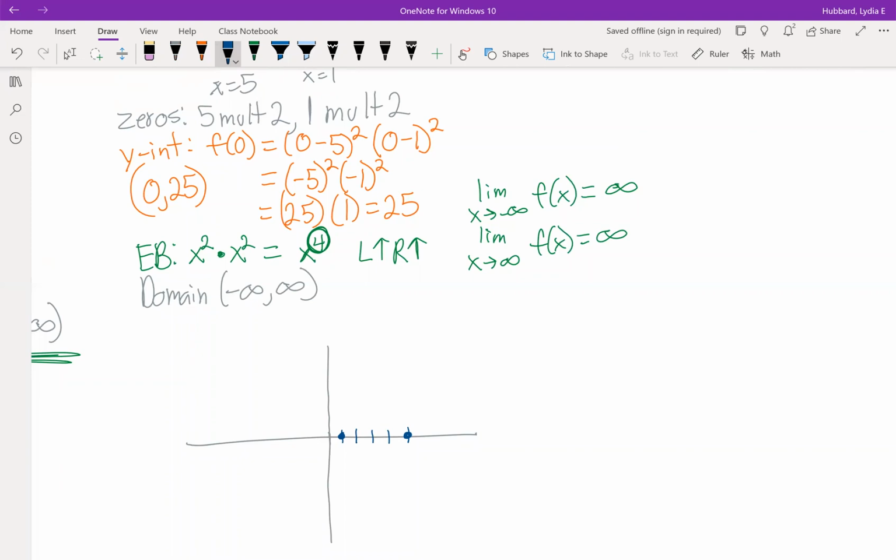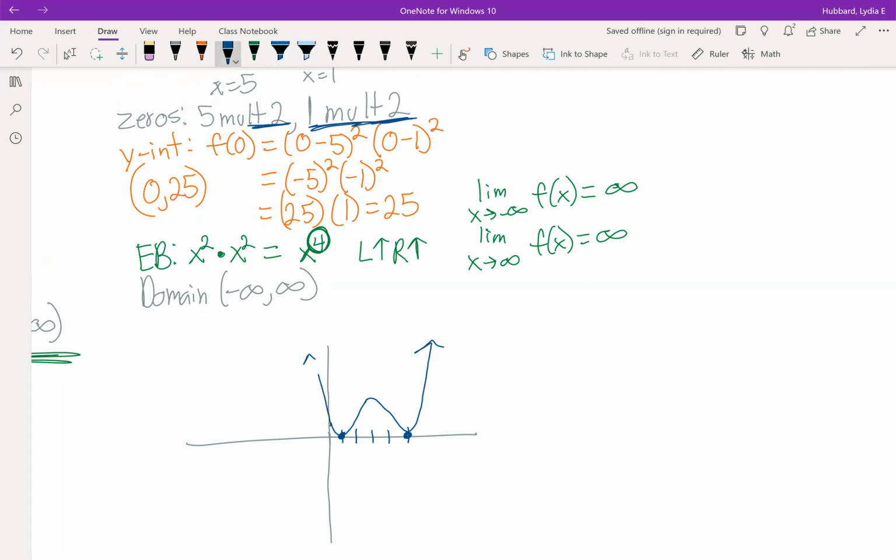Okay, so our left side is going up. It's going to come down, and we see that we have a multiplicity at 1, and it's a multiplicity of 2. So that means we're going to bounce off of 1, come back up. We also have a multiplicity of 2 at 5, so we're also going to bounce off of 5 and come back up, and our graph will look like something like this.